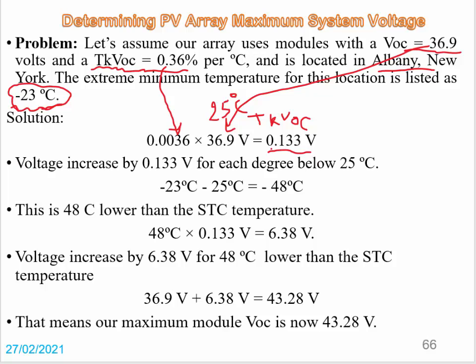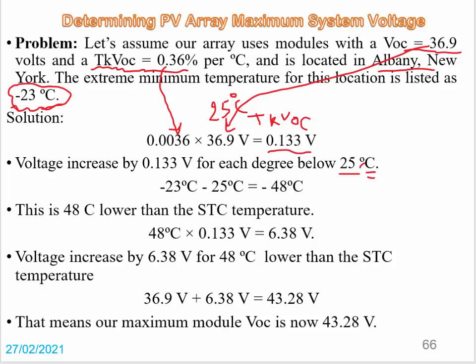So we have 0.133 volt. This means the voltage increases by 0.133 volt for each degree below 25 degrees Celsius.